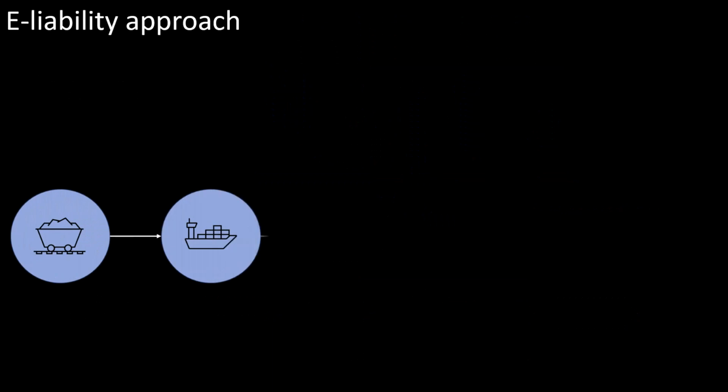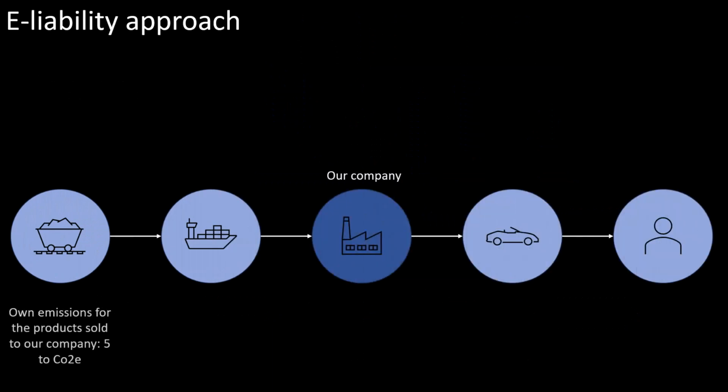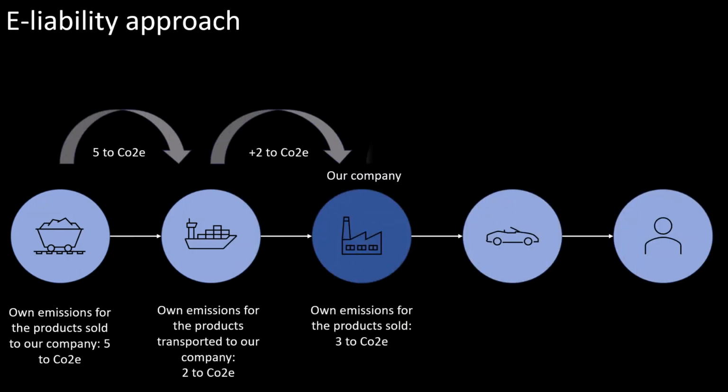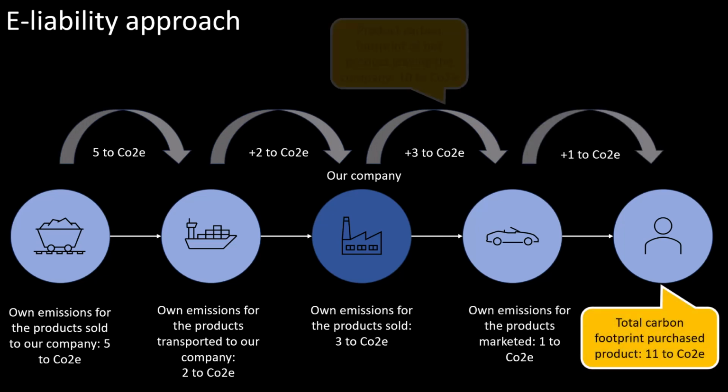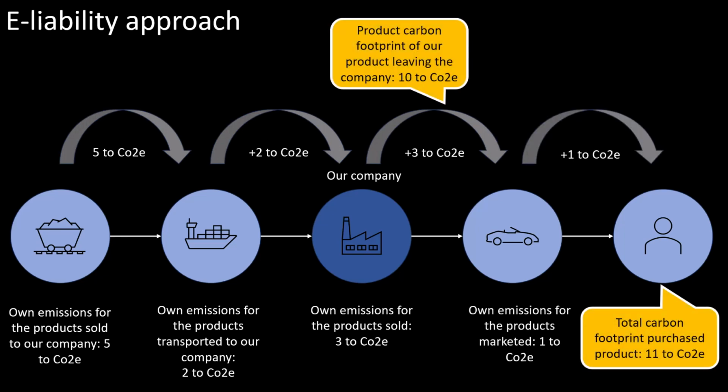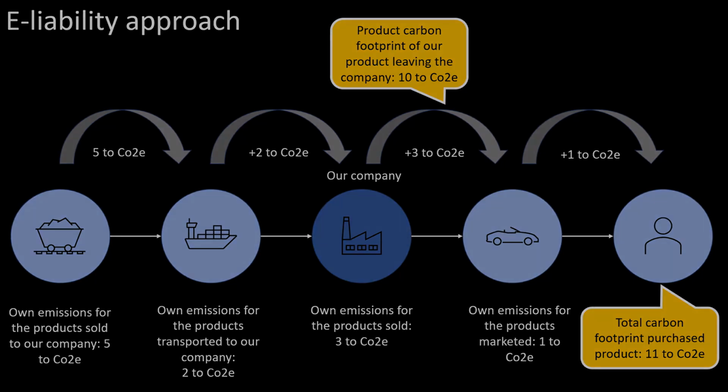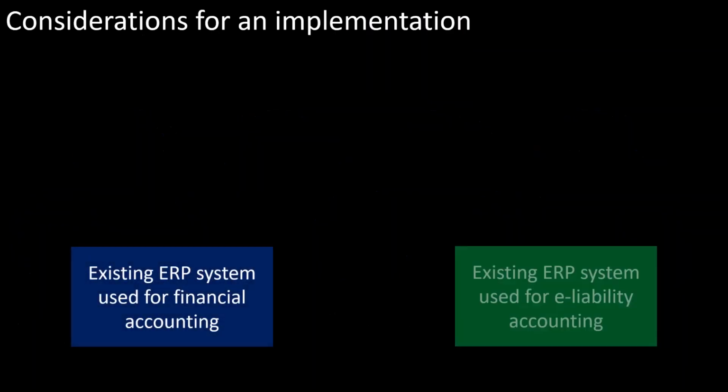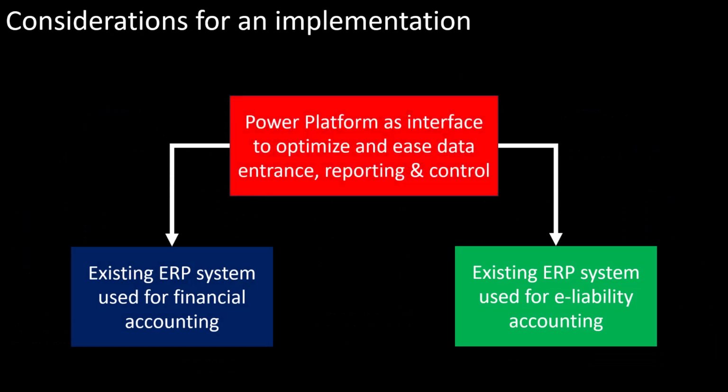Then we had a look at the so-called e-liability approach, which is basically like a value-added tax approach, where the carbon emissions from one stage in the supply chain are shifted on to the next ones. And then we looked at how we can implement this process if we have an existing accounting system and want to do some special e-liability accounting. The idea was to use the Power Platform on top to fill both systems.